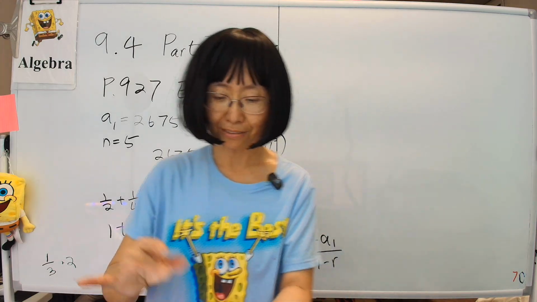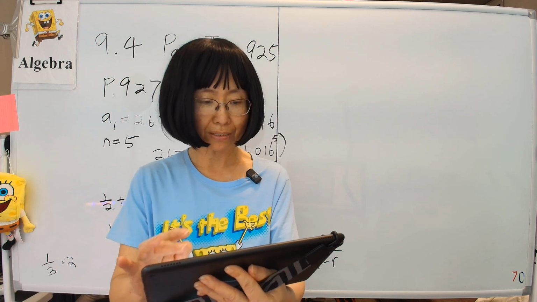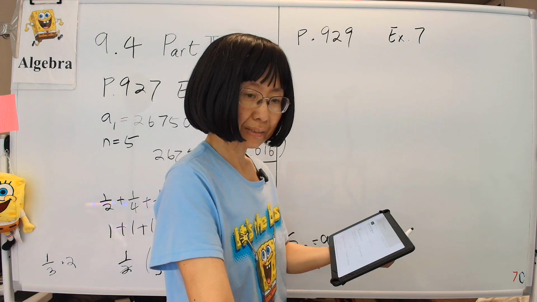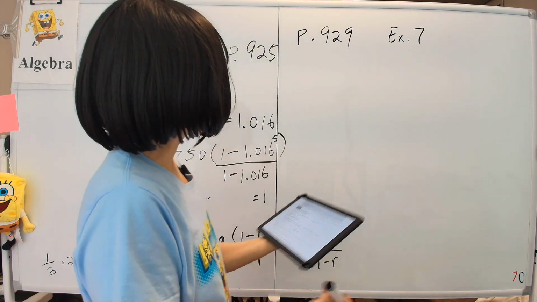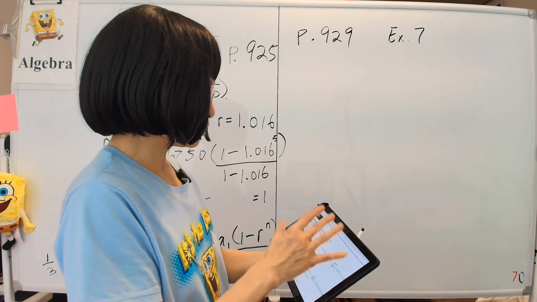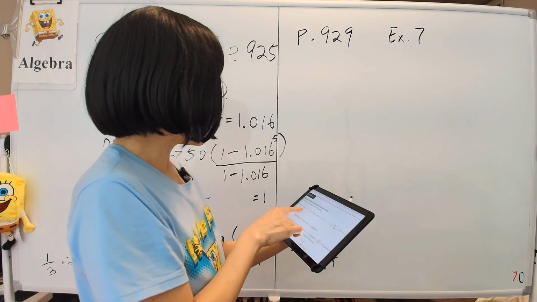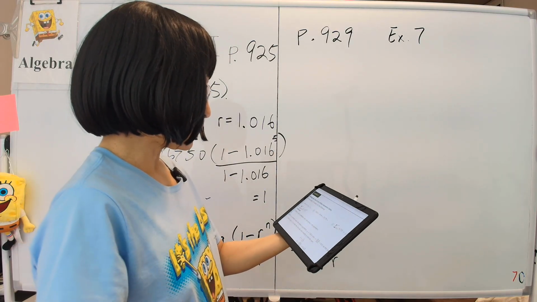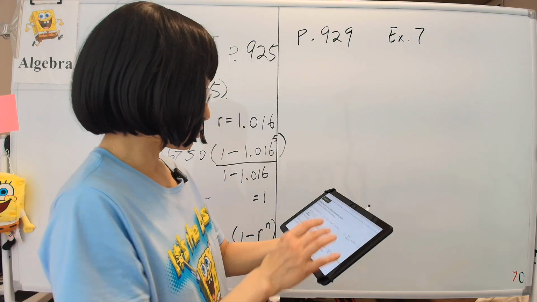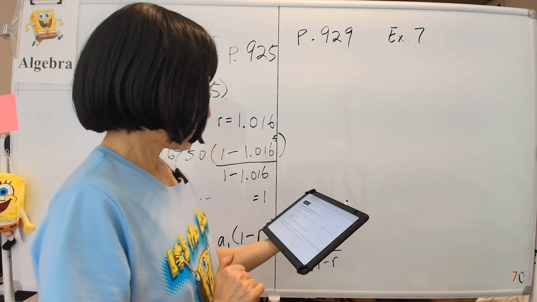Now to see how that works, let's look at the next example on the following page, page 929. Okay, now example 7. First, let's ignore part A because that's not even geometric. It's just going down by 1 at a time. So let's do part B. According to the book, if you find the ratio between the two numbers, it is geometric.